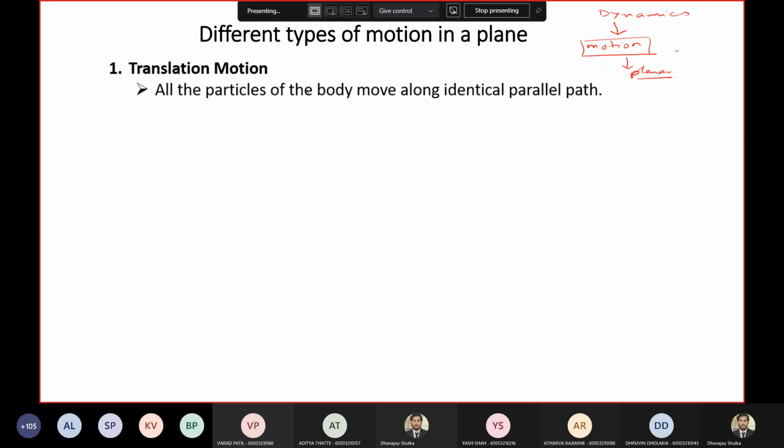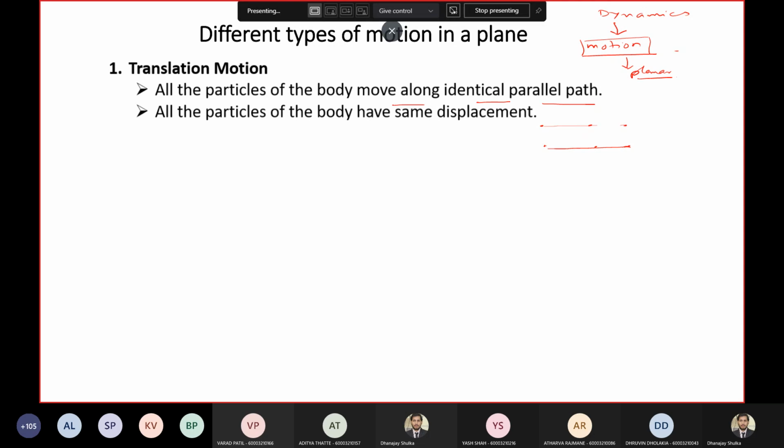It means all the particles of the body move along an identical parallel path. Let's say if this particle throughout stays straight, it will follow a parallel path. If I consider another, it will be parallel; the relative positions of all the particles will be parallel to each other. Then all the particles of the body will have the same displacement.